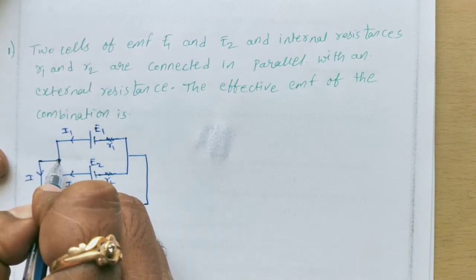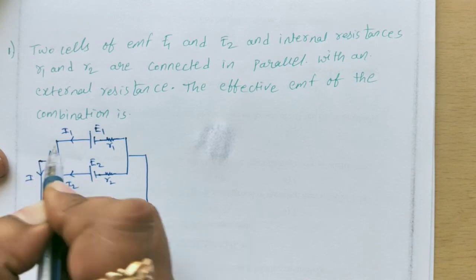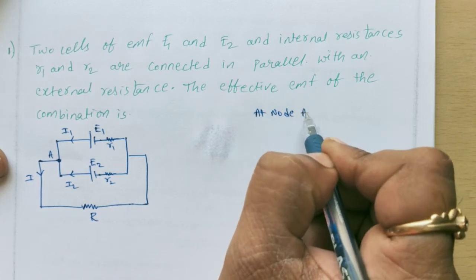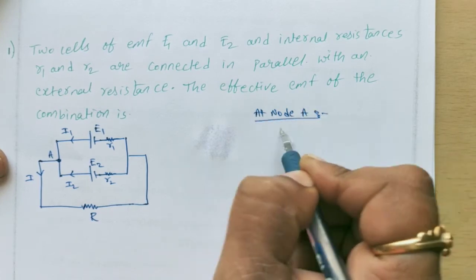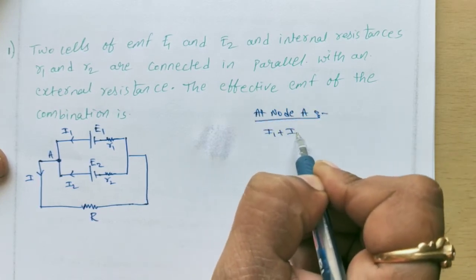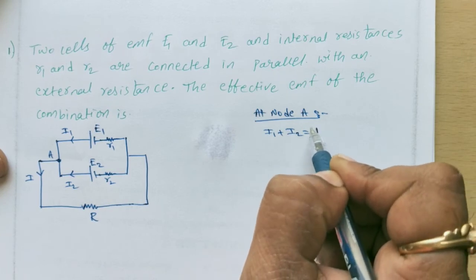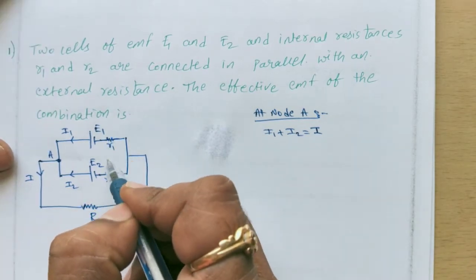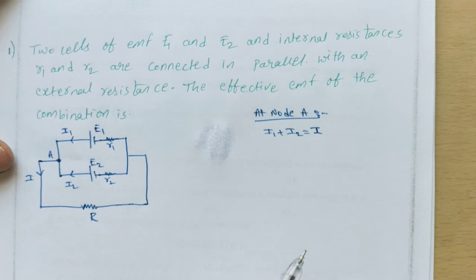For example, I am representing this as one node A. So now observe carefully, at node A by Kirchhoff's laws, I1 plus I2 is equal to I, that is, the sum of incoming currents is equal to the sum of outgoing currents. See students, here these small r1 and small r2 are in which combination? R1 and R2 are in parallel combination.